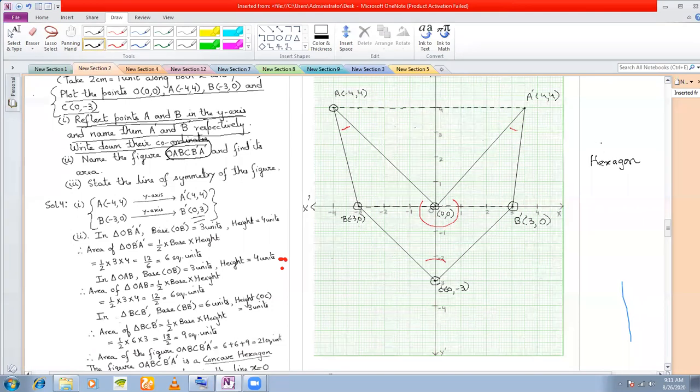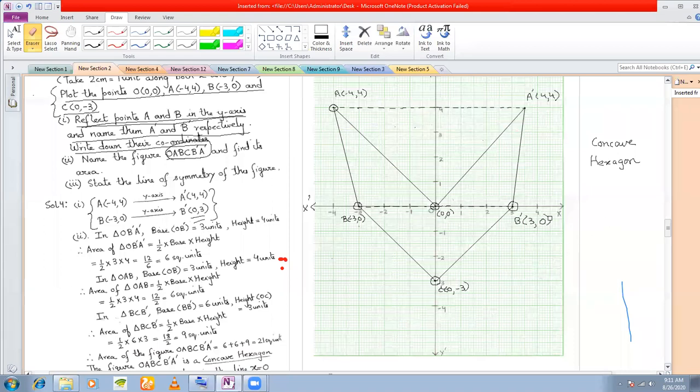Therefore, it is called a concave hexagon. Any questions here? So this is the kind of figure it is. If you're asked the name of the figure, you write it as a concave hexagon.